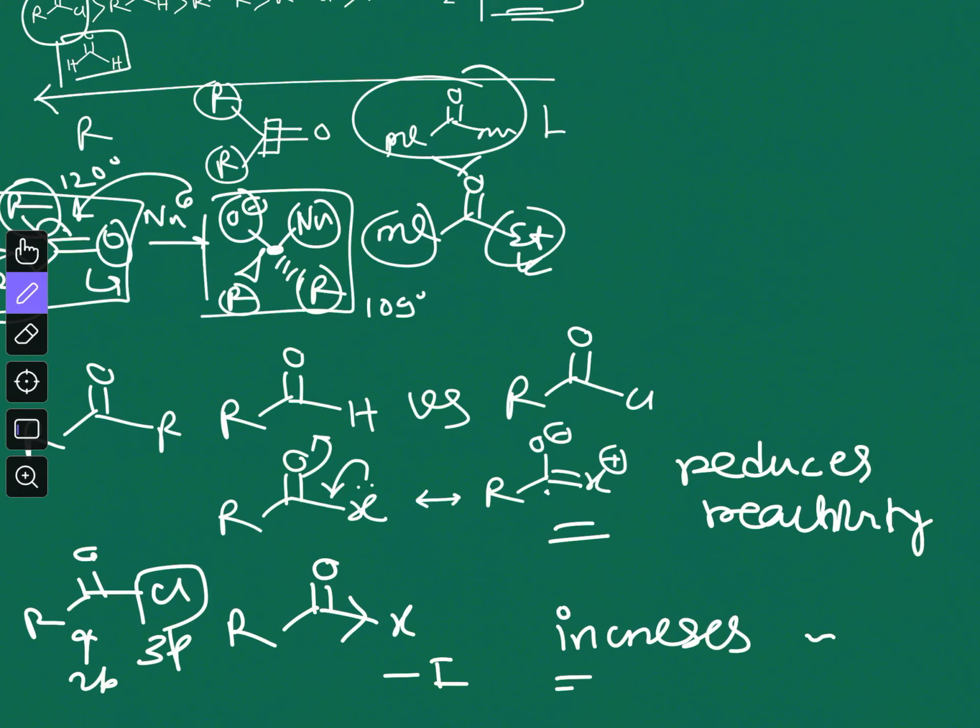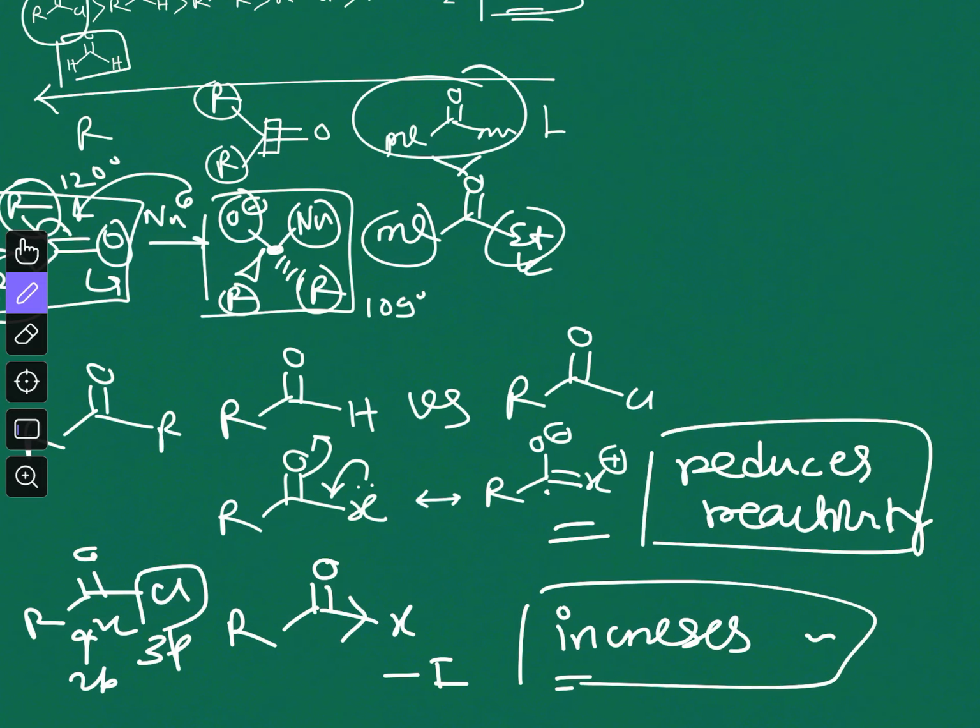Minus I effect is more important, and that's what makes acid chloride most reactive in this series. Whereas in case of carboxylic acid, amide or ester, it is oxygen or nitrogen or O minus, and for them the plus R effect is more important than the minus I effect, and that reduces the reactivity, and that's why carboxylic acid is the least reactive, and so is the ester or amide, right?